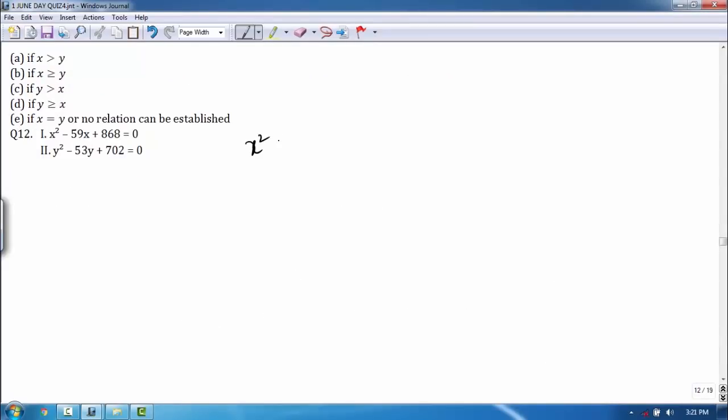x square minus 59x plus 868 is equal to 0. So the two numbers that are required will be minus 28 and minus 31. By adding up these two numbers we get minus 59, and by multiplying them both we get 868. So after changing the signs we get the required roots.